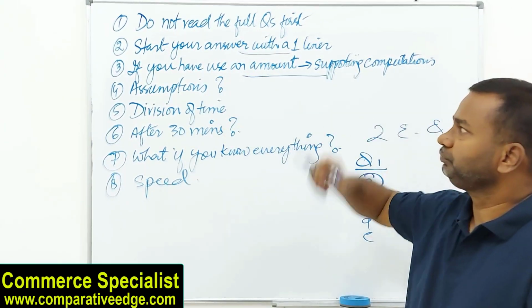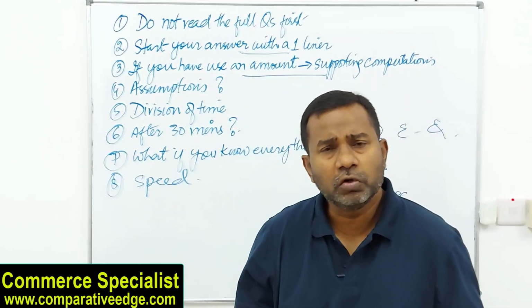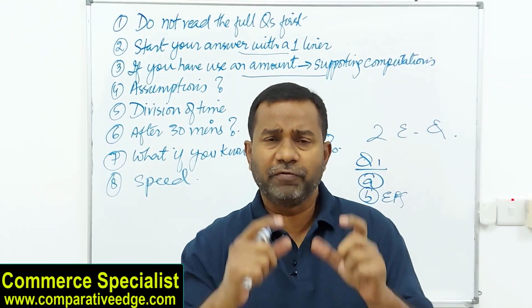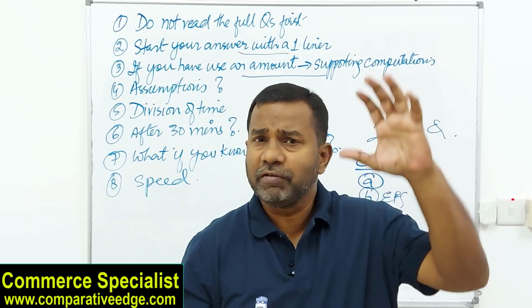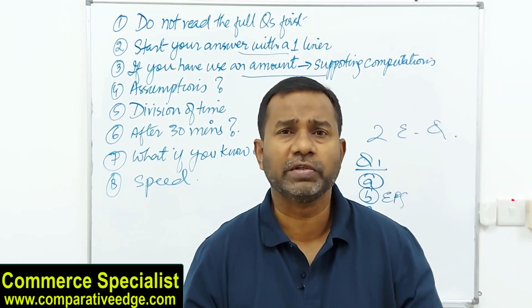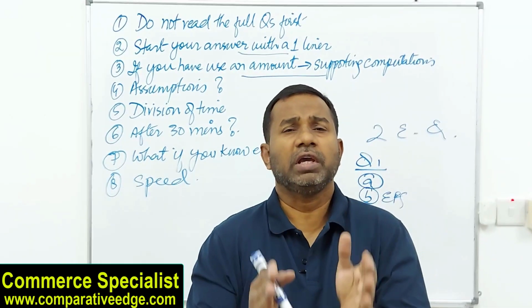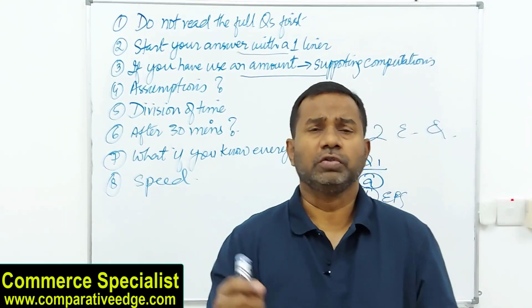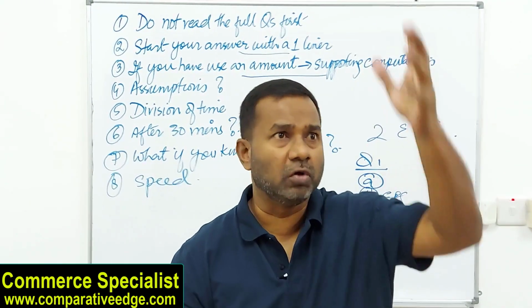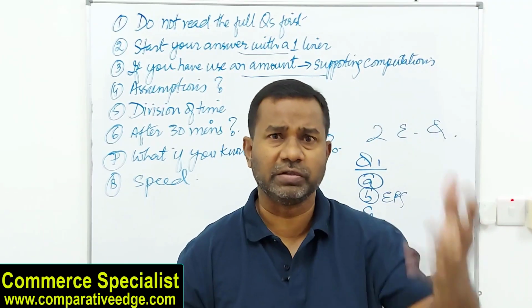Number 3. If you are using an amount in your answer, a figure, a number, which is not given in the case study or the question, you have to give supporting working for that. You cannot use 40,000 in your answer when it's nowhere in the question.